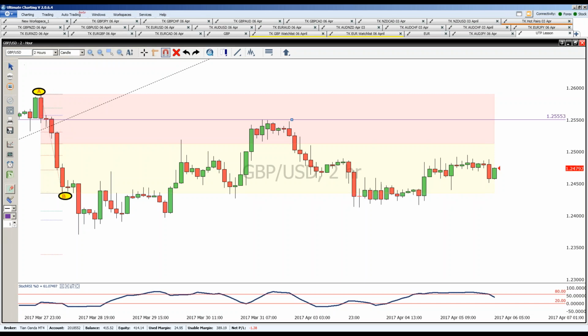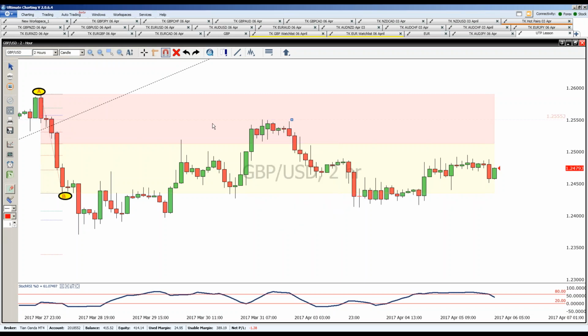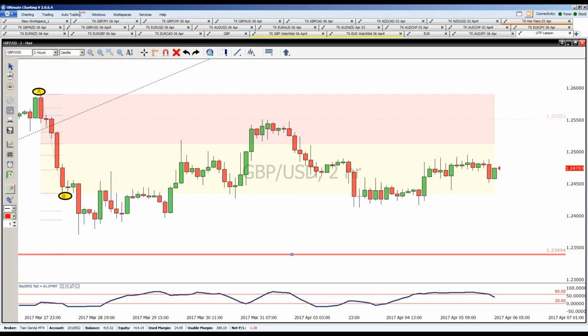So that means we have a 618 retracement. Now, due to the fact that the market retraced to the 618, the D extension is going to be the 1.618 at 1.2344. So there's the AB. The C is at the 618.